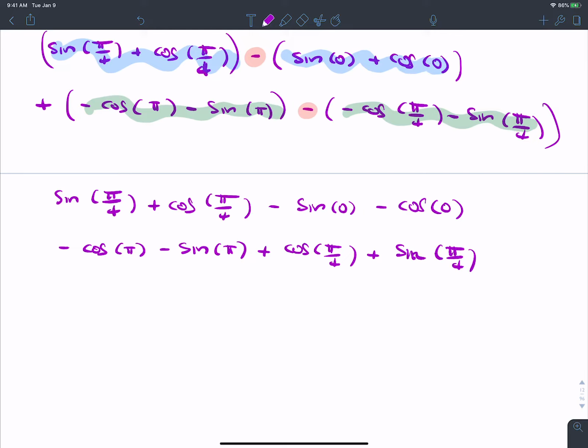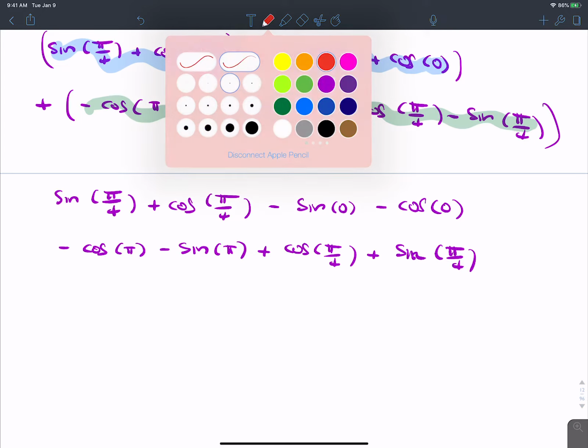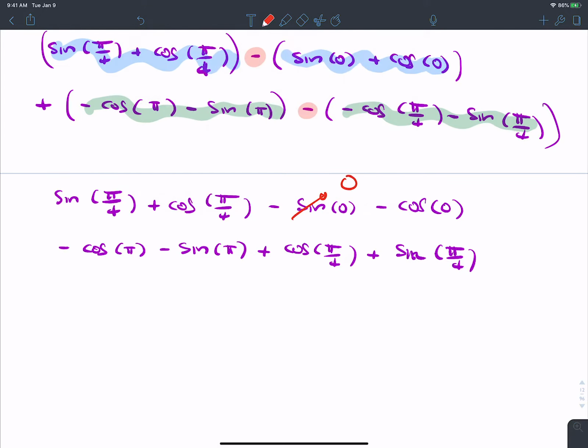Pi over 4. So double check. I notice though my sine of 0, that's 0. Sine of pi is what? Isn't that also 0? Is that right? Cosine 0, what's that value? Isn't that 1? What's cosine of pi though? Isn't that negative 1?